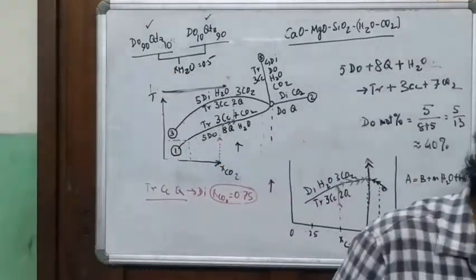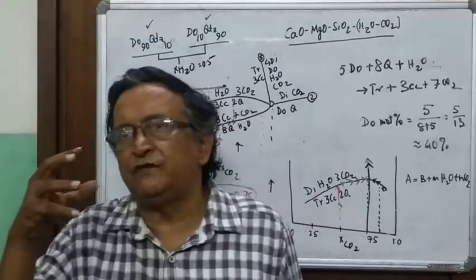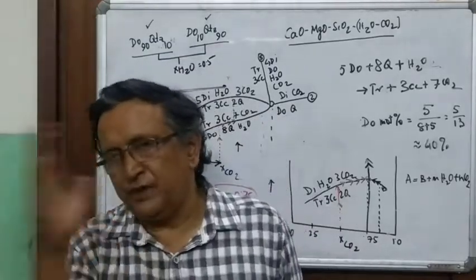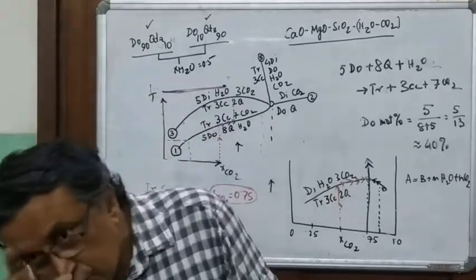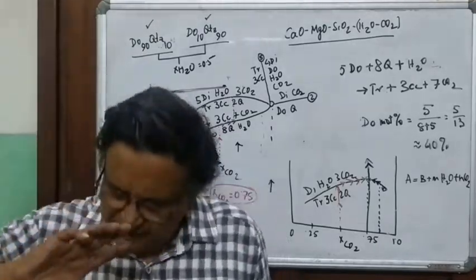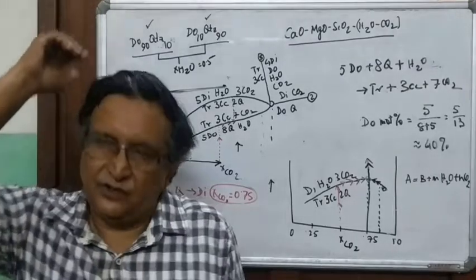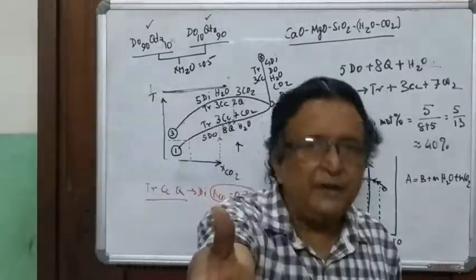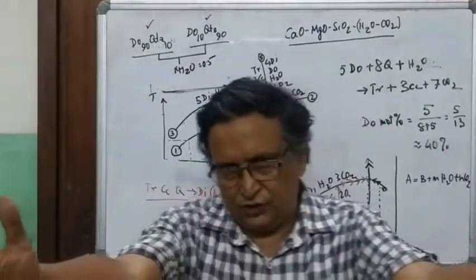So what is important to realize here is that the initial bulk composition of the rock, the dolomite to quartz ratio, and the initial composition of the fluid, XCO2, both have a tremendous effect on what type of reactions will operate. What will be the eventual assemblage?